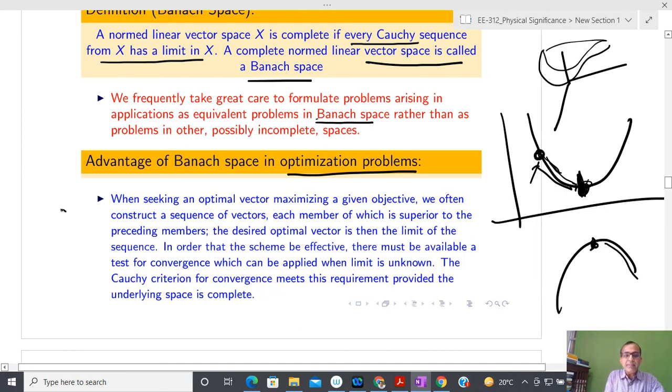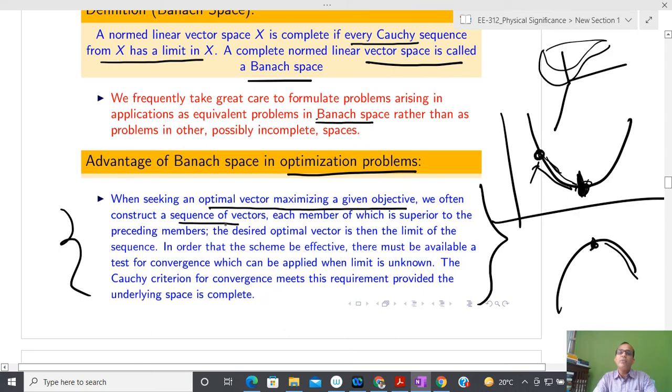So for the same thing, I have written this sentence: when seeking an optimal vector maximizing the given objective, we often construct a sequence of vectors. Okay, so whenever we are solving an optimization problem, we always have some kind of performance measure. Okay, and we have to minimize or maximize that performance measure. Okay, and we have certain criteria. The same text says that each member is superior to the preceding member, and the desired optimal vector is then the limit of the sequence.